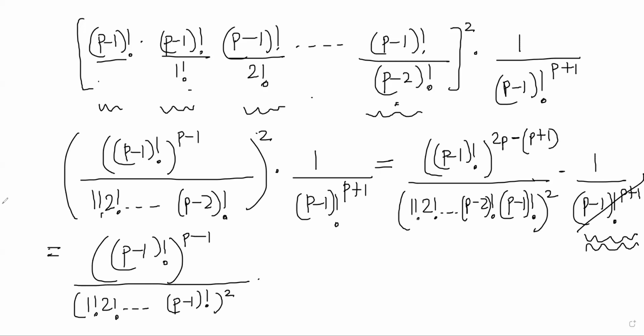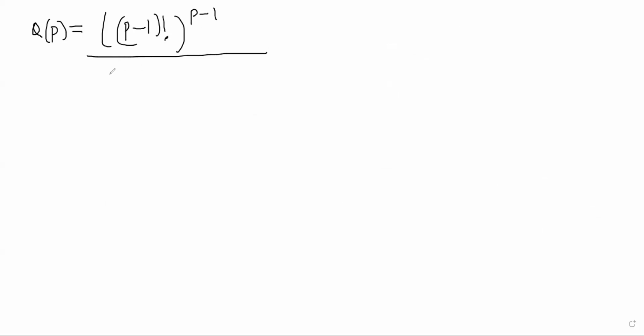Let's simplify that on the next screen. We have so far qp is equal to p minus 1 factorial to the power p minus 1 divided by 1 factorial, 2 factorial, till p minus 1 factorial whole square, right?